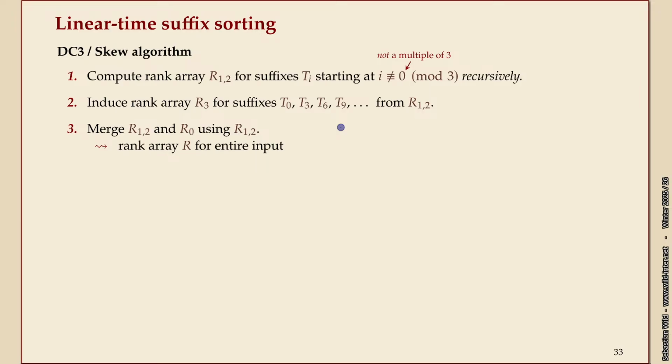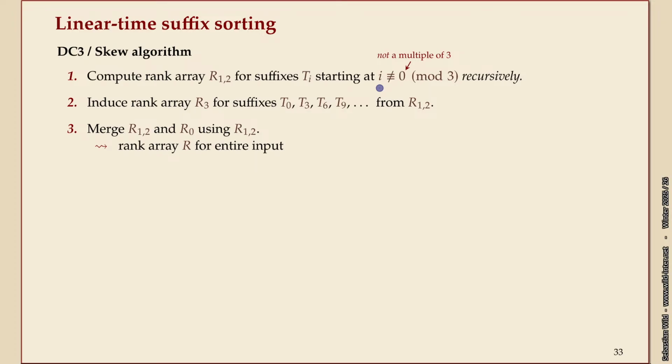Now, there are several algorithms. I'm presenting just one. It's called DC3, or the skew algorithm. DC stands for difference cover, and the 3 means there are other alternatives. You can forget about that. I just wanted to mention why there's this weird name. And it does an awkward thing. It first recursively computes some of the ranks, namely for all of the starting positions in the text that are not at a multiple of 3.